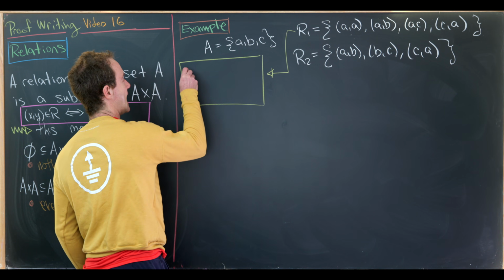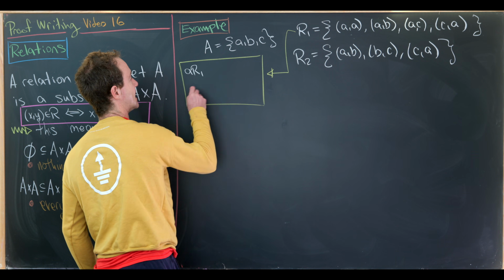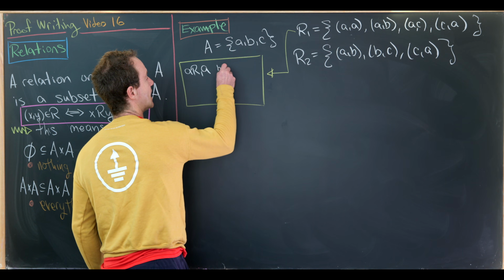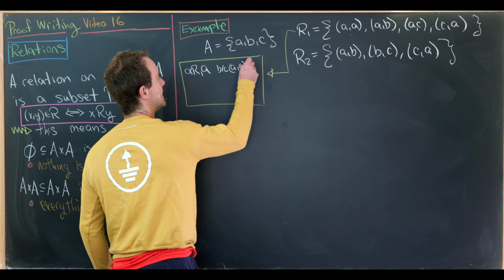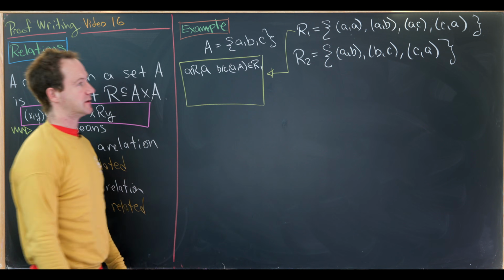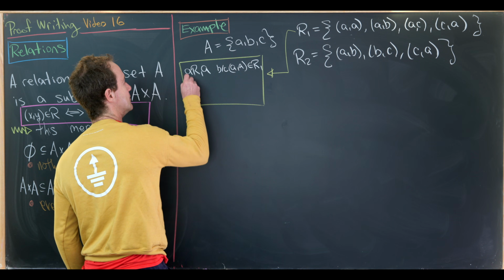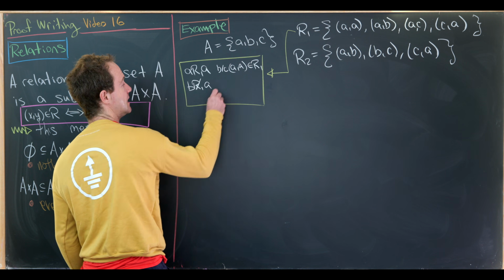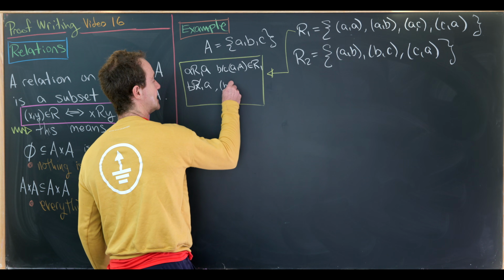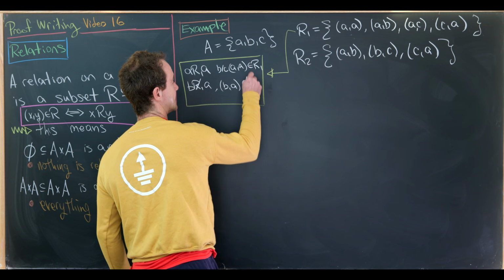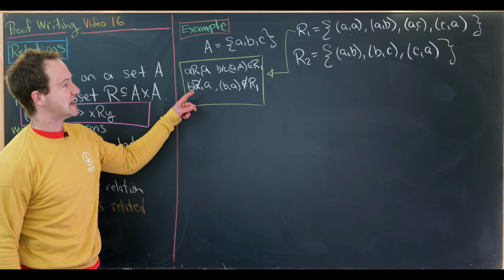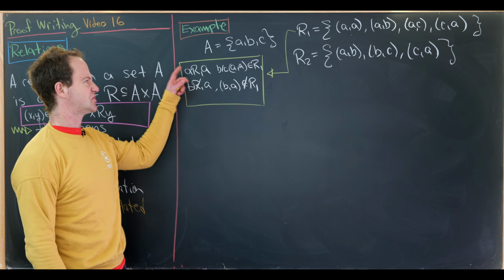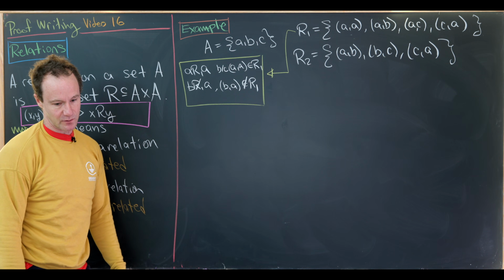Notice that a is related to itself via R1, so a R1 a, and that's because (a, a) is an element of R1. Whereas b is not related to a via R1, and that's because (b, a) is not an element of R1. Notice that (a, b) is, but (b, a) is not. And so that's just an example of how this notation might work.